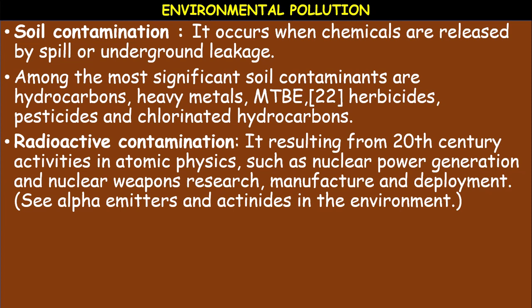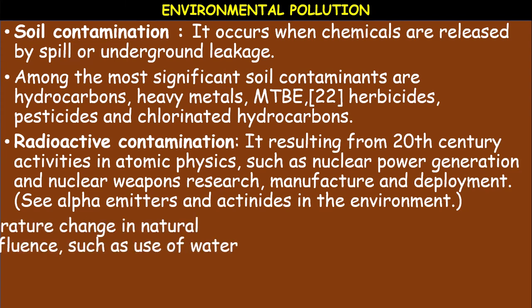Radioactive contamination results from 20th century activities in atomic physics, such as nuclear power generation and nuclear weapon research, manufacture and deployment. See the alpha emitters and actinoids in the environment. So, this radioactive contamination is also increasing day by day.